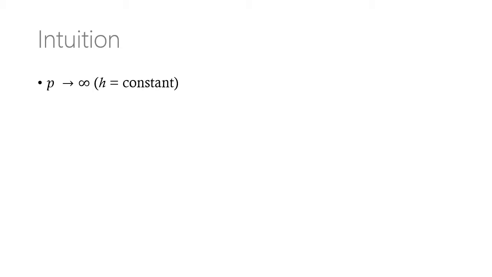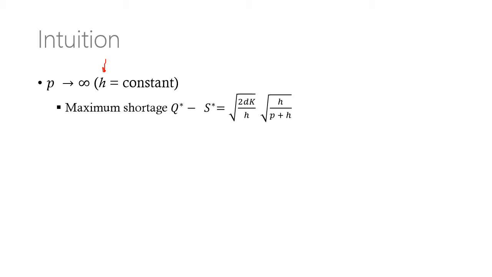So let us see what happens to our formulas when the shortage cost P increases considerably, keeping the inventory cost or storage cost H constant. What happens to the maximum allowed shortage? If you look at the formula of maximum shortage, it is the product of two terms, and P appears in the denominator of the second term.